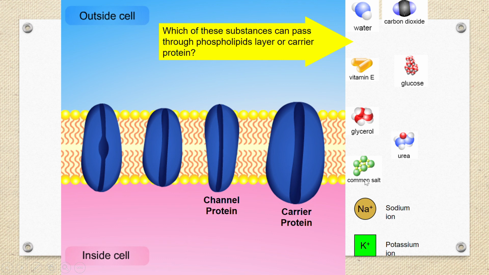You ask whether they are water soluble or fat soluble. Carbon dioxide, maybe they are small enough, just diffuse through the phospholipid bilayer. How about vitamin E? Fat soluble. So if it is fat soluble, just diffuse across. How about glycerol? Fat soluble. So you have to begin classifying these substances and identify which pathway they are going through.